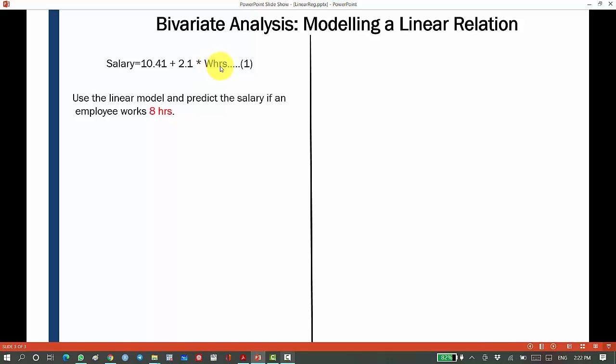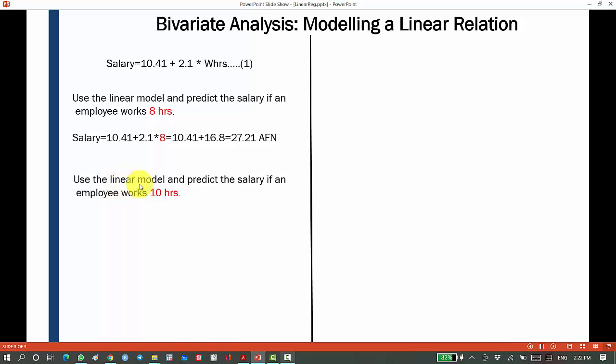That is, if working hours is 8, how much would be the salary? We just insert 8 instead of working hours here. We get 27.21, that is 27,210 is the corresponding estimated salary if one works 8 hours per day.